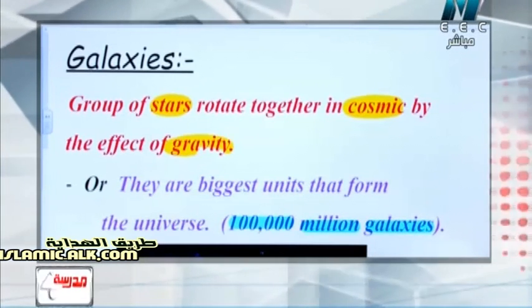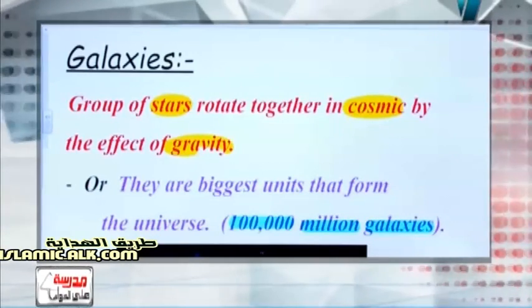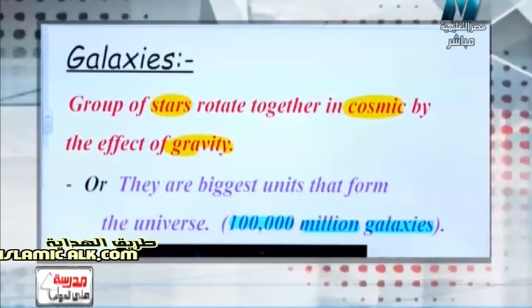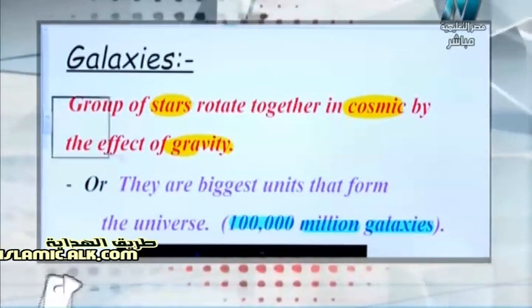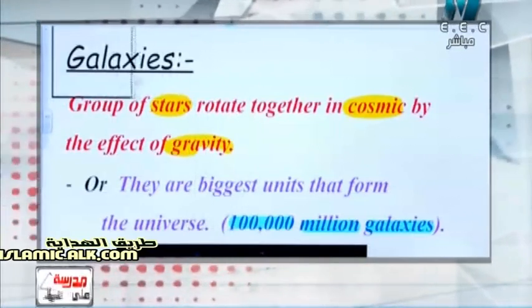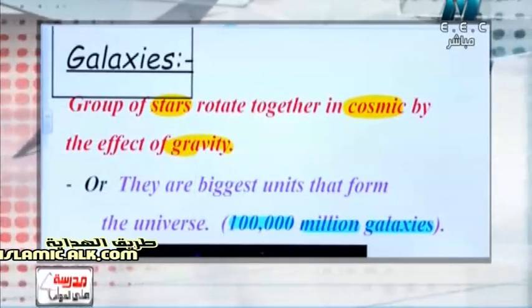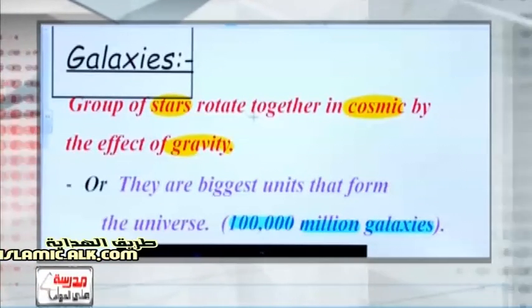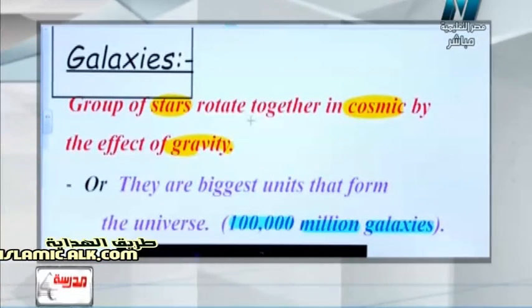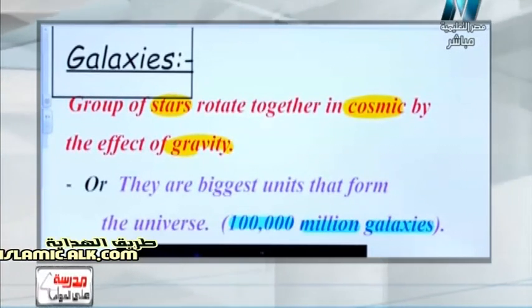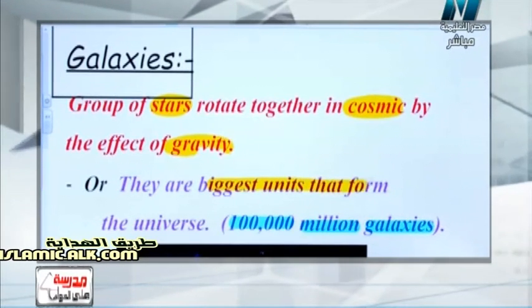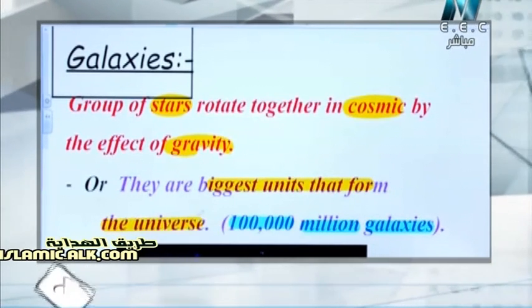Number 1, أيوة هقول له group of stars. Galaxies are a group of stars rotate together in cosmic by the effect of gravity. أو ممكن أقول له they are the biggest unit that form the universe. لأن فعلا the biggest unit in the universe are the galaxies.